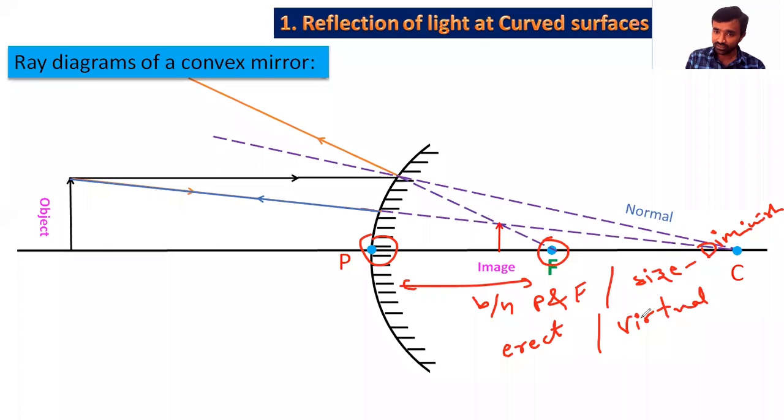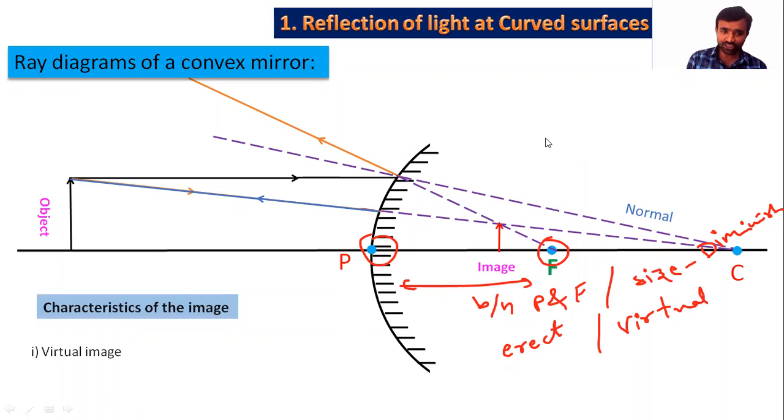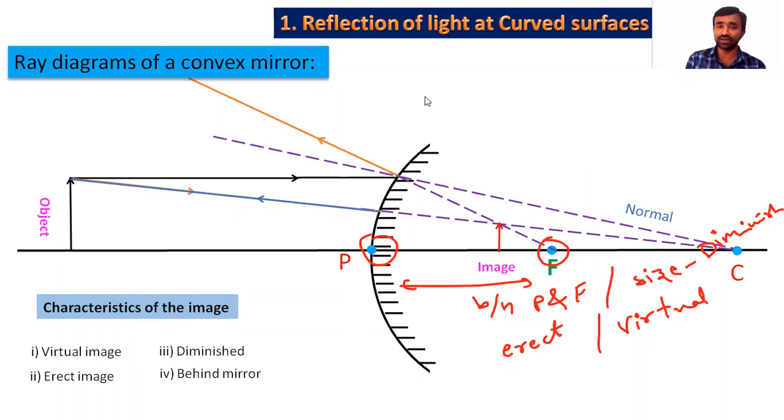If you get any image by diverging light rays, then it is called a virtual image. So the characteristics of the image are: virtual image, erect image, diminished image, and it is behind the mirror. You are able to write the position also, between P and F.